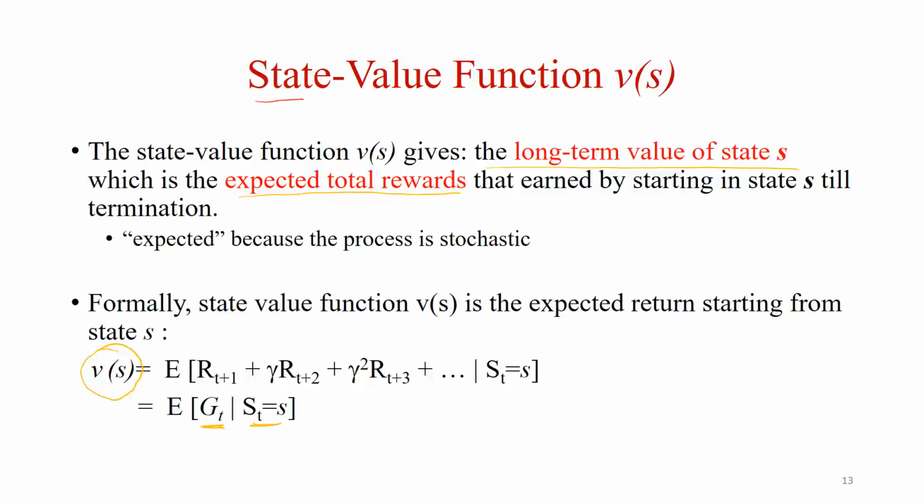Okay, so obviously you can tell the purpose of the state value is to highlight for me which state will give me more future rewards, which will give me more expected return.